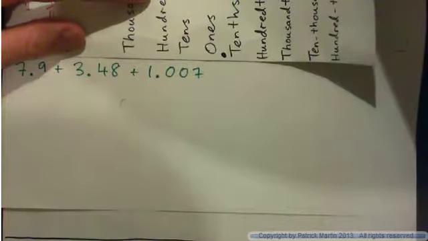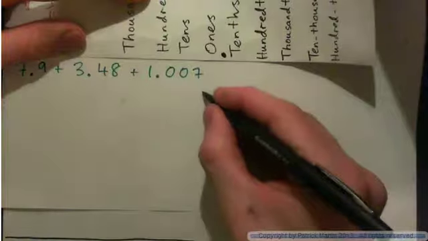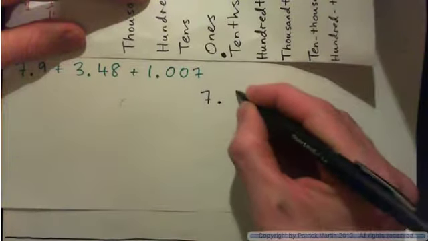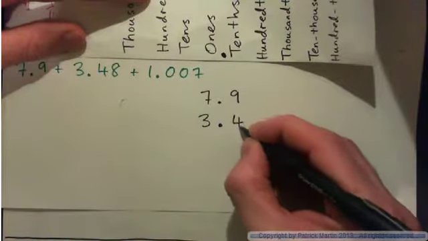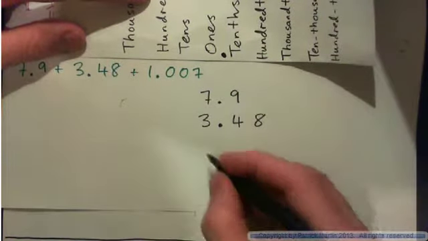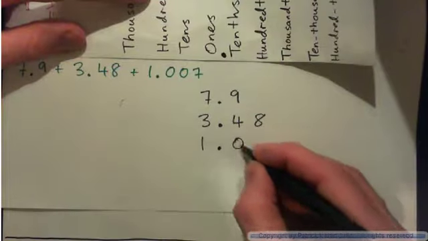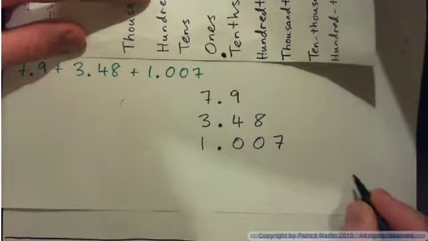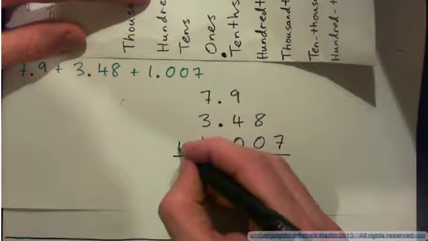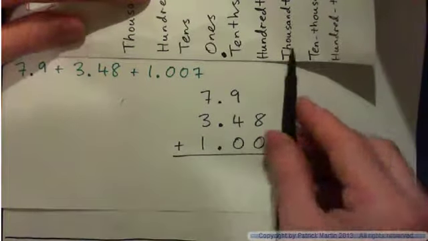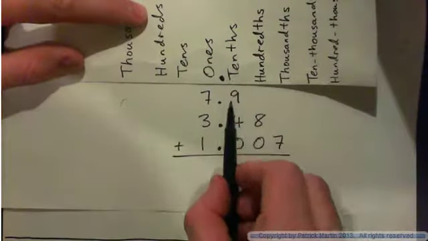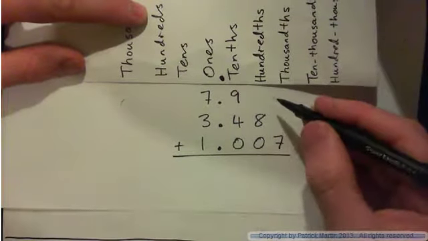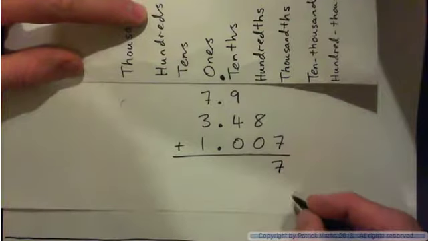You've got to go 7.9, 3.48, 1.007. Okay, and then we add them together. So we're adding thousandths, hundredths, tenths, and ones. We always start with the thousandths. So just 7 thousandths. That's all.